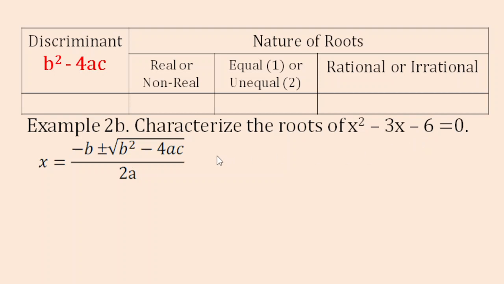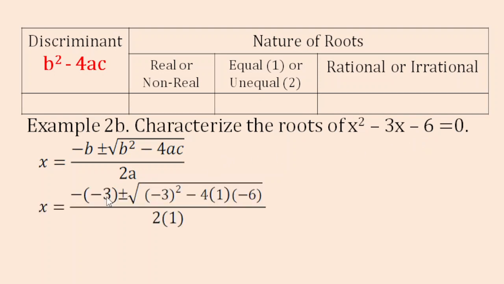Plugging those values into our formula, we have this, and simplifying furthermore, we get this: 3 plus and minus square root of 33 all over 2. Why 33? Because negative 3 squared is 9, and negative 4 times 1 times negative 6 is 24. 9 plus 24 is 33.